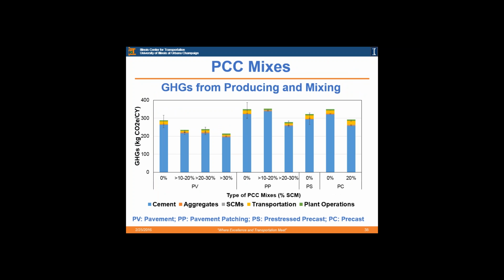And as you can see, the cement definitely is the highest contributor to the greenhouse gases, as expected because of calcination. But then there's also some transportation costs that are quite high as well. And then you can see the effect of different supplementary cementitious materials. In this case, it was fly ash and also blast furnace slag cement. There is a general decrease, but it also varies across the board.